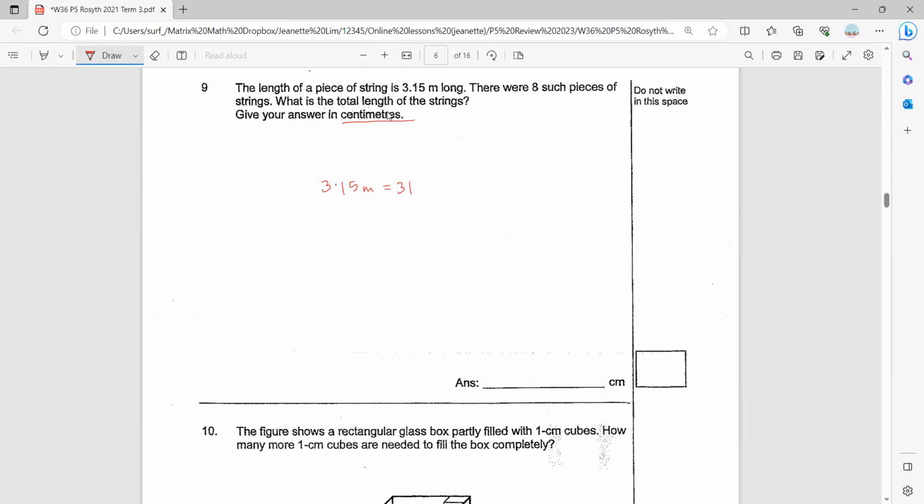Every meter is 100, so 315 cm. Then we times 8. Okay, so 315 times 8, this is 0, 4, 8, 12, so 25, 2520. So now this is in cm already.